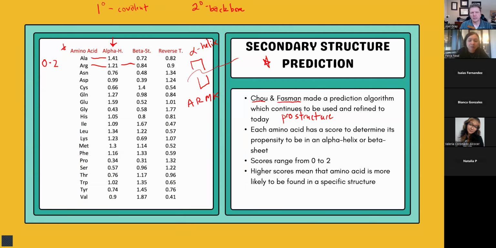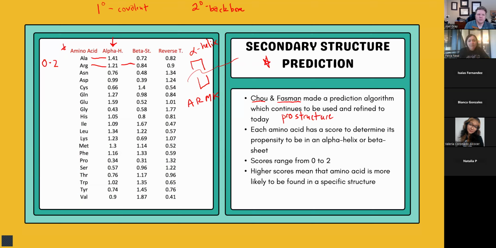Okay, so essentially this is a tool that you can use to assign a score to every amino acid. Based on that score, you can construct an alpha helix or a beta sheet. The more amino acids that you have that are a 1 or greater, and the closer they are to 2, that's an indication that those are likely to be found in an alpha helix.